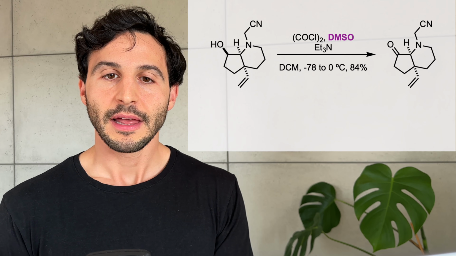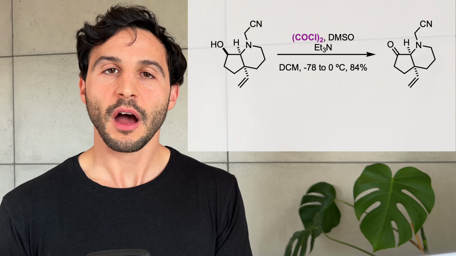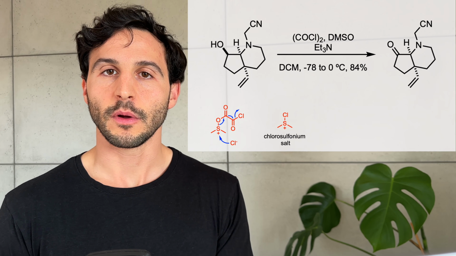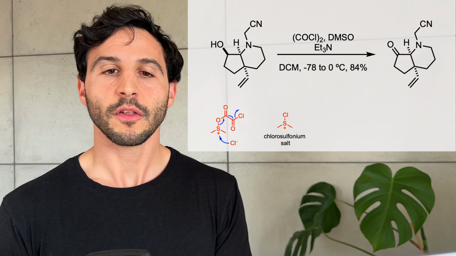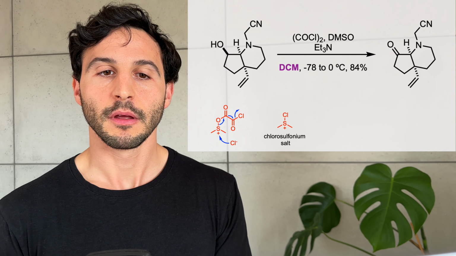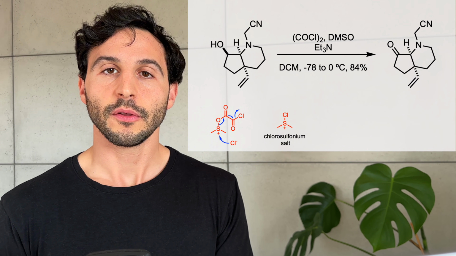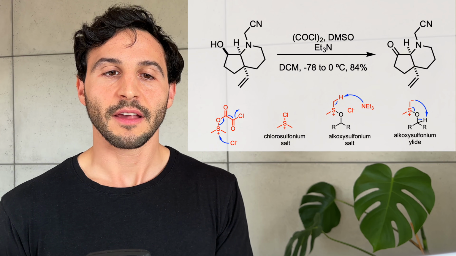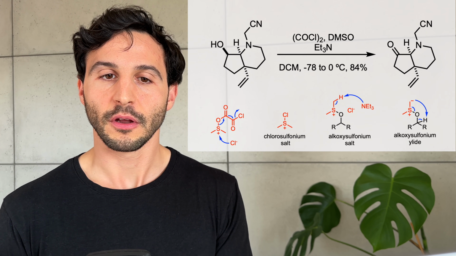DMSO reacts vigorously with oxalyl chloride when no solvent is present. It can lead to an explosion. The most common solvent for this transformation is DCM. The oxidation is usually conducted at -78 C to stabilize the intermediates of the reaction.